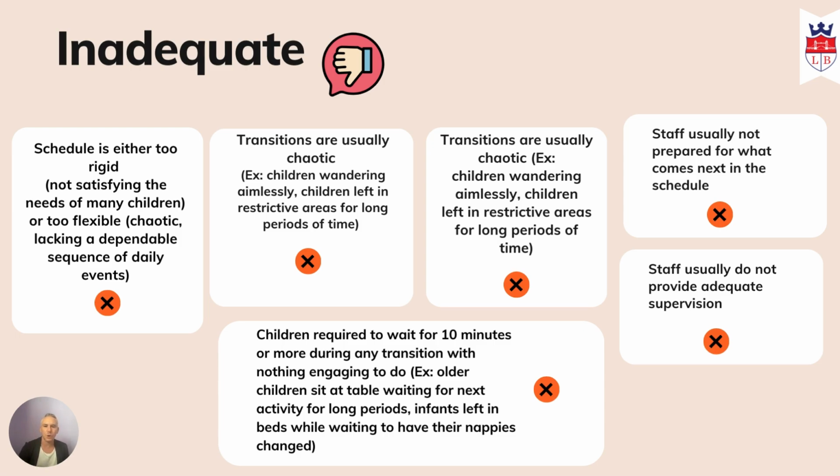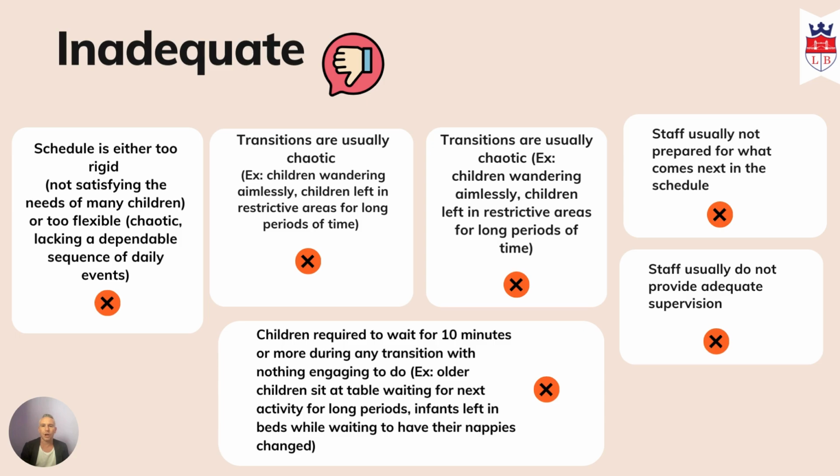Criteria 2, transitions are usually chaotic. For example, that might mean children are wandering around aimlessly, they're left in a restrictive area for long periods of time. If that describes your usual approach to transitions, then you are inadequate and you must make changes.